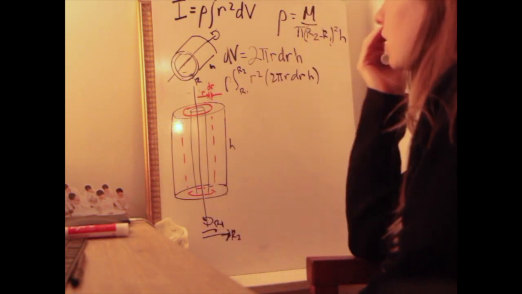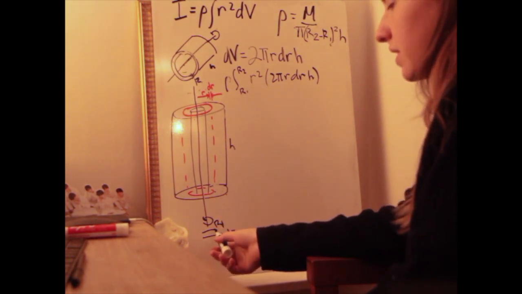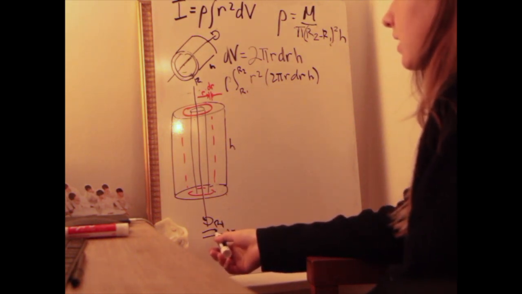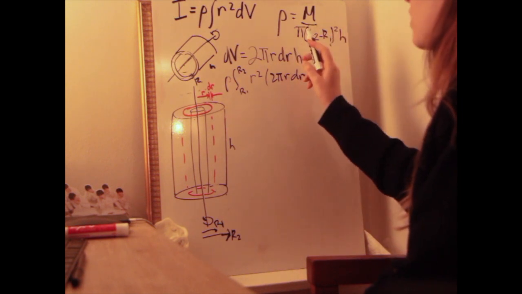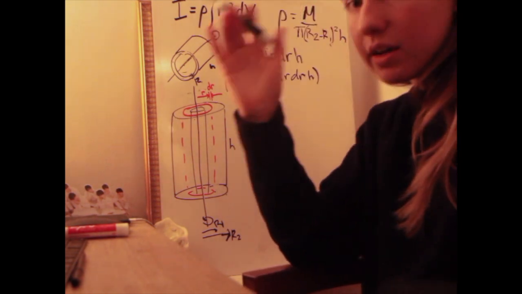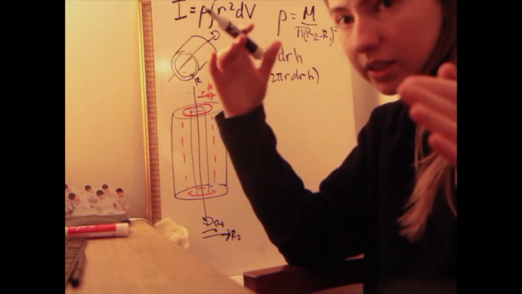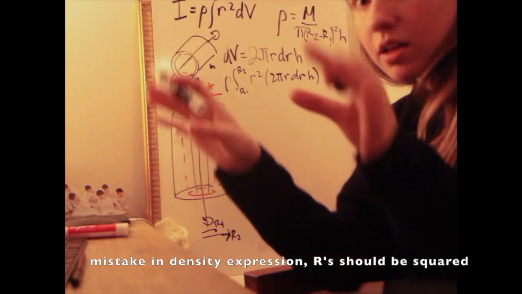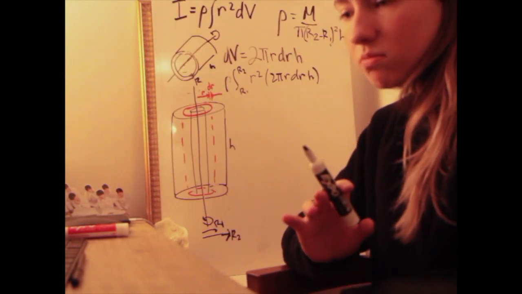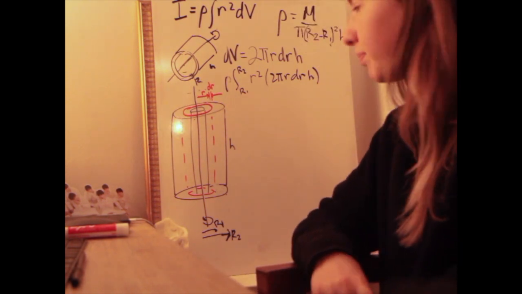Okay, so in this case I have this outer radius R2 and this inner radius R1, and so the density is going to be the total mass over the outer area minus the inner area to get that donut, times h.